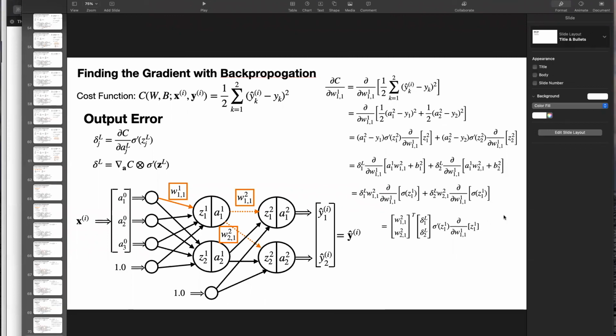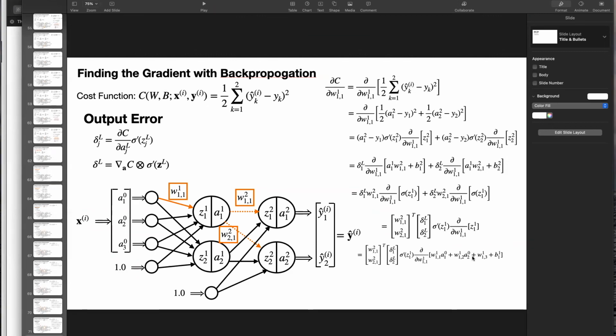But we're in luck because notice that this derivative here and this derivative here are the same. So we can rewrite this sum as a vector product times this, right? Derivative of sigmoid is sigmoid prime times the derivative of the inside. And the rest of it is precisely the sum. That times that, plus that times that. And then you distribute that across.